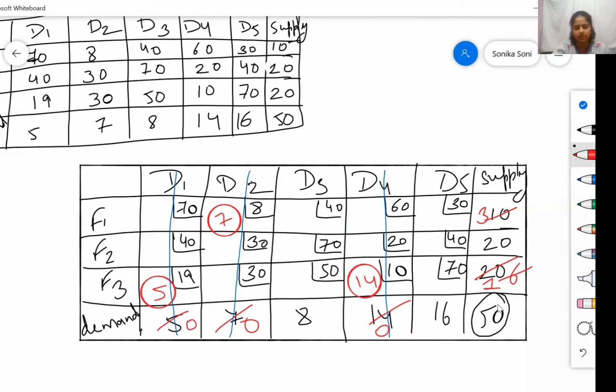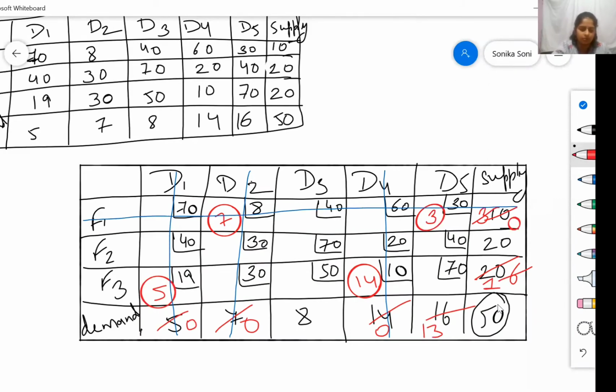We have supply as 3, but we have demand as 16. But we can only allocate 3 here. So the demand becomes 13 and the supply becomes 0. As the supply becomes 0, we have to cancel the F1 row out.